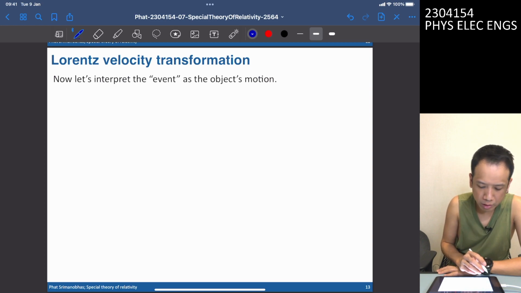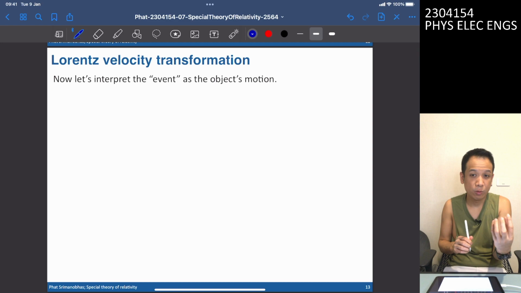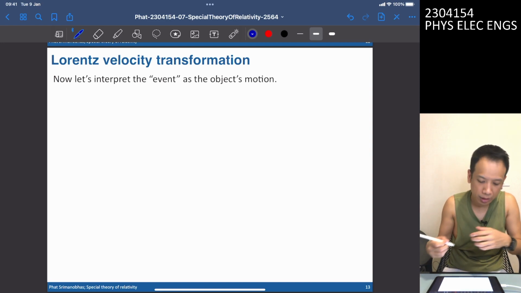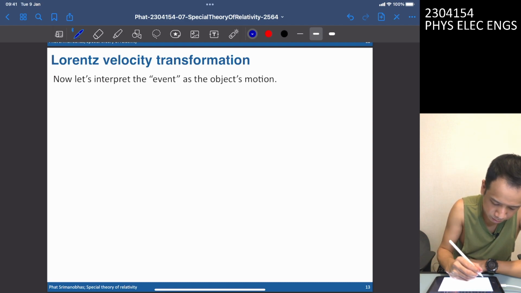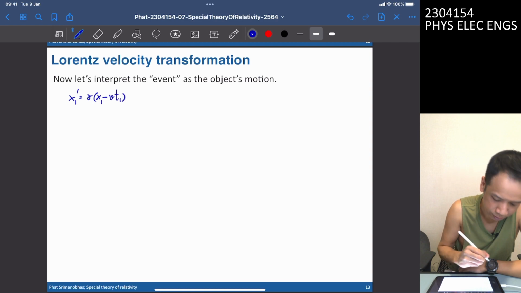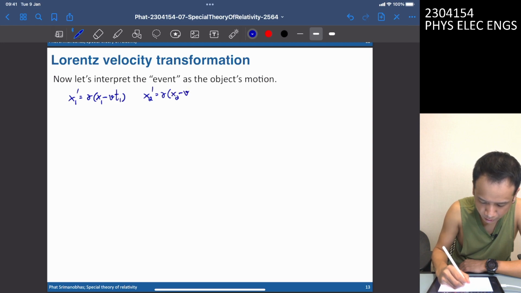Now we are talking about events for object motion. The object starts from x1, t1 and moves to x2, t2, or x1 prime to x2 prime. Using the Lorentz transformation, we get x1 prime equal to gamma (x1 minus vt1), and x2 prime equal to gamma (x2 minus vt2).